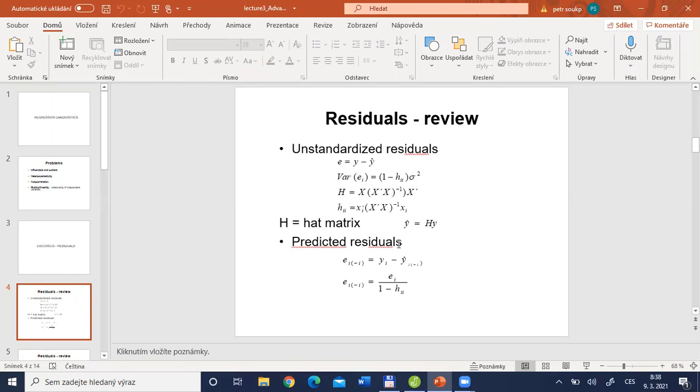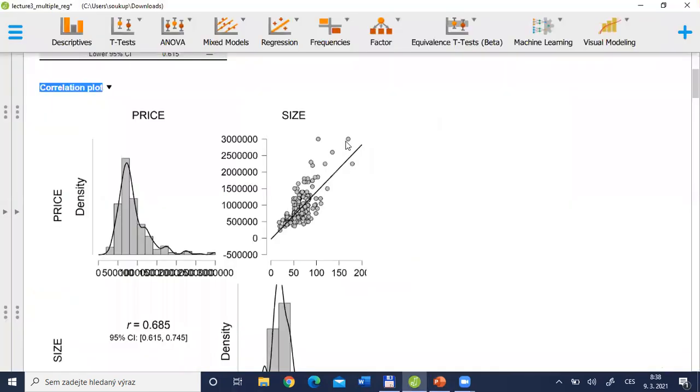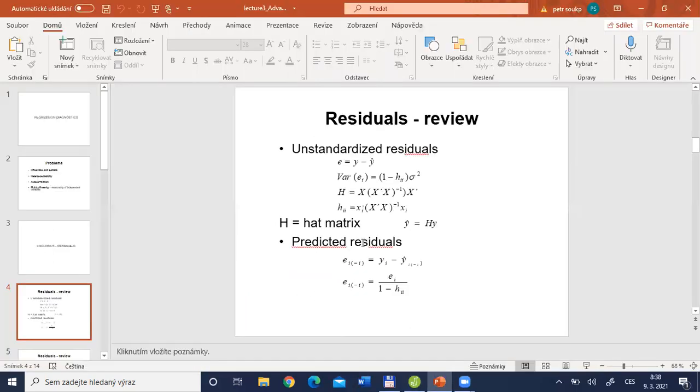These predicted residuals are based on this idea: I would take this point, but this line would be computed if I exclude this point from the computation. So that's why in this equation there is the symbol e, y minus y hat with the subscript meaning this observation is missing in the computation.